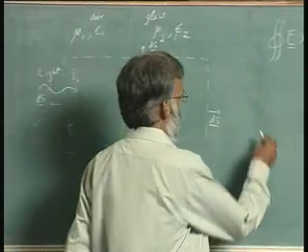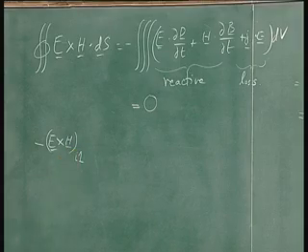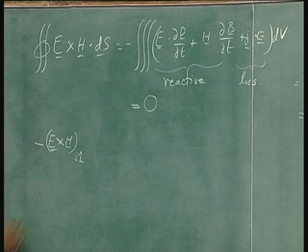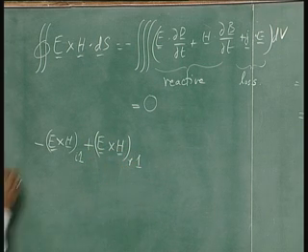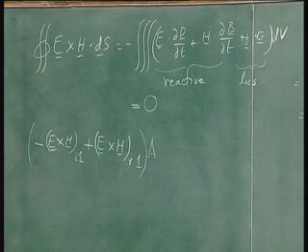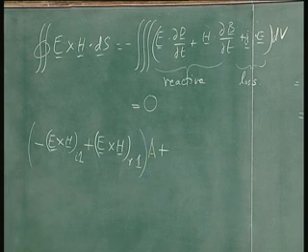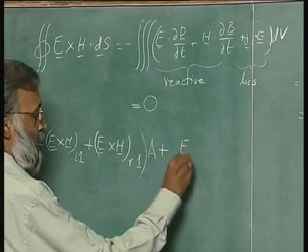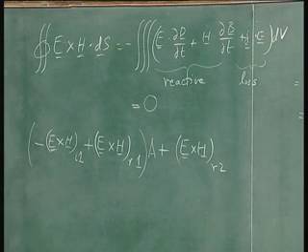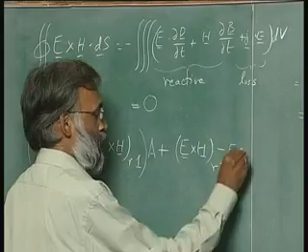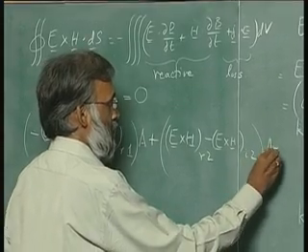On this wall, what I get is minus E cross H due to the incident one wave plus E cross H due to the reflected one wave multiplied by the area of this cylinder must be equal to, or well, let me add it up, plus the E cross H reflected 2 wave minus the E cross H incident 2 wave again into area must be equal to 0.